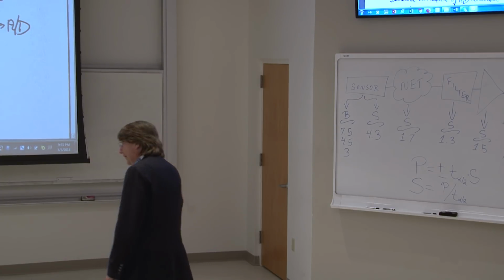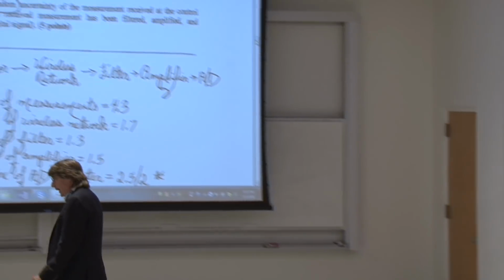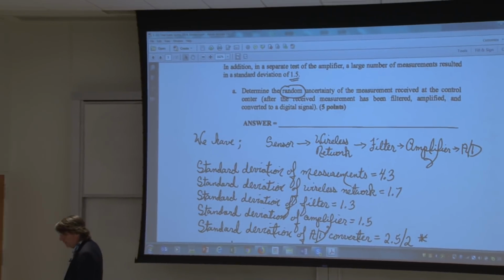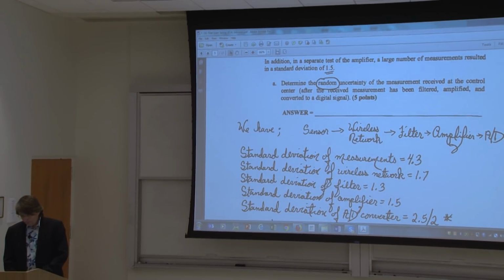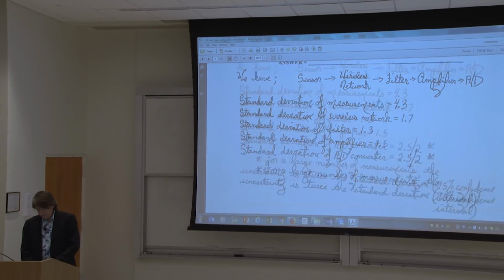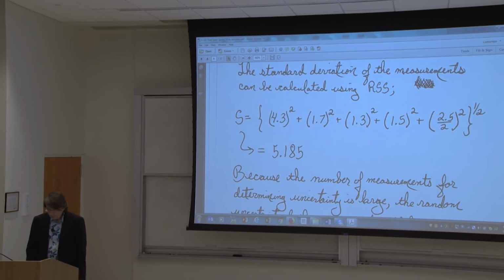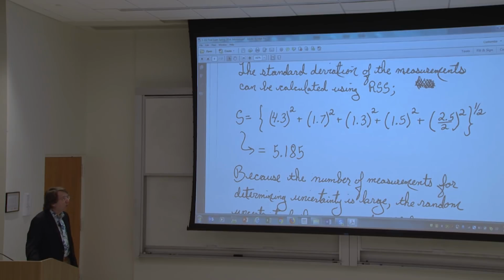So I say, okay, where did you do this? I'm saying the next page. There we go. So we square each term, add them up, and then take the square root.